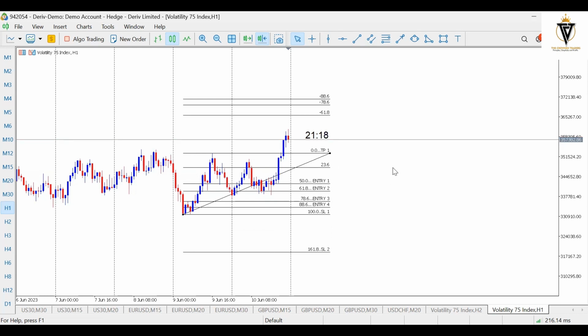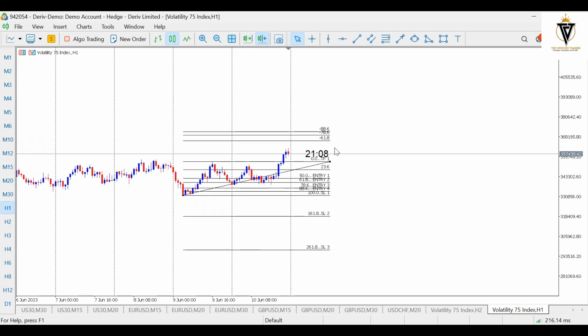Then, permit me, these points you just make a negative value for them to appear here, and you delete this instead, so that you have this as your TP3 and your TP4. So let's just do that quickly.